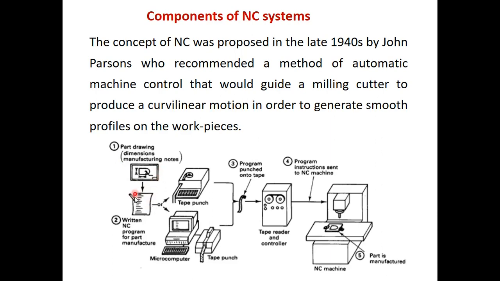Now this NC code should be in tape punch format, which can be done with the help of a microcomputer. So we generate the tape. Now this tape goes to the tape reader, and the output of this tape reader goes to the machine, and using the output of the tape reader we can control the motion of the machine.